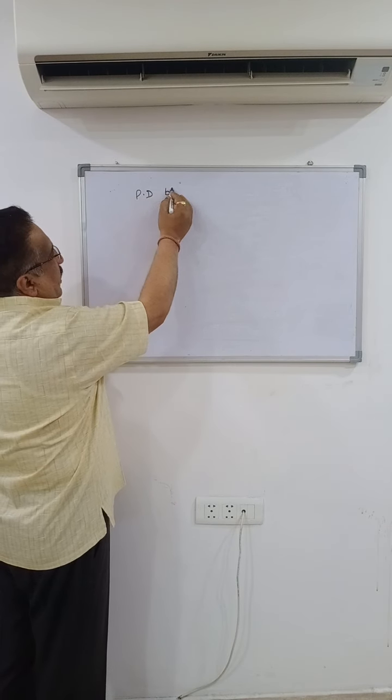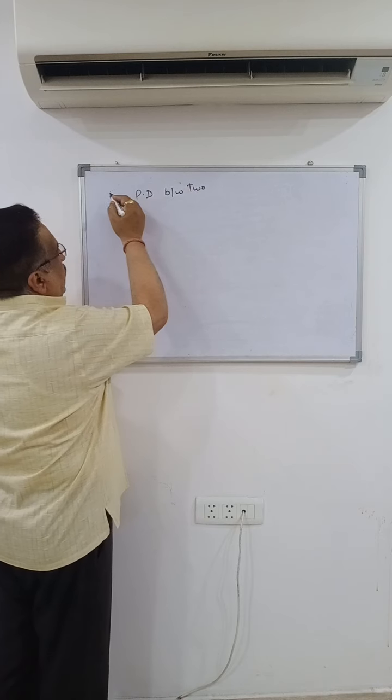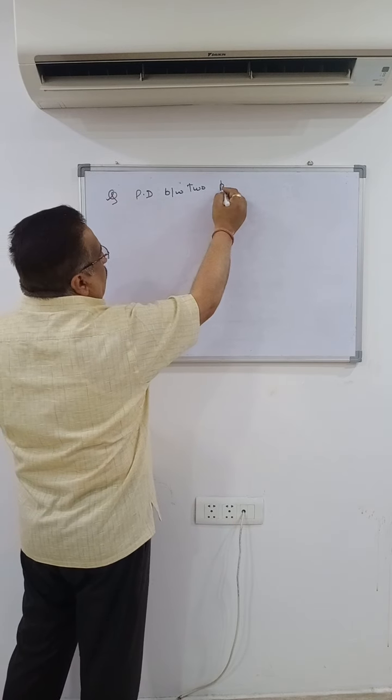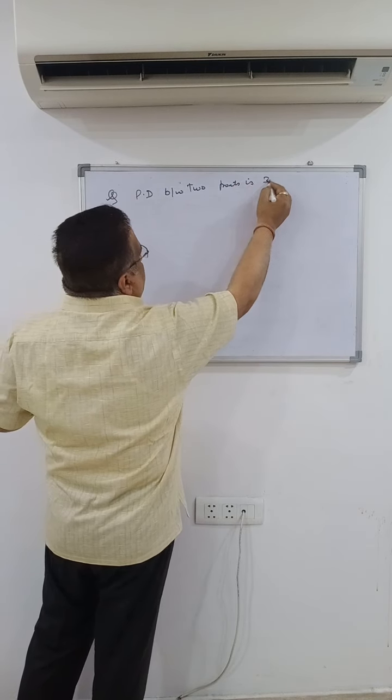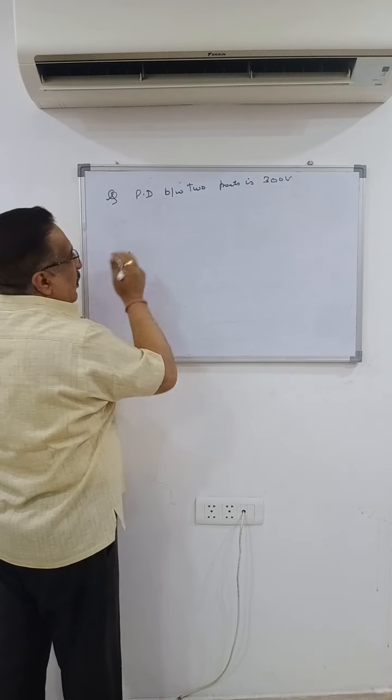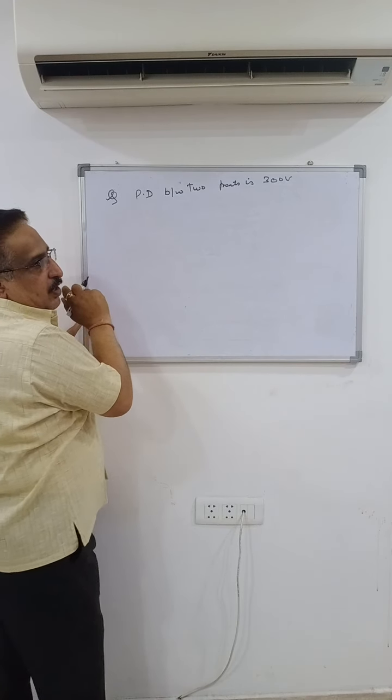Potential difference between 2 points is 300 volts.